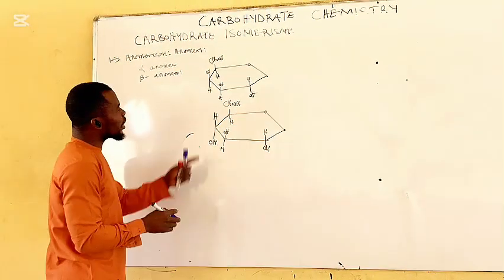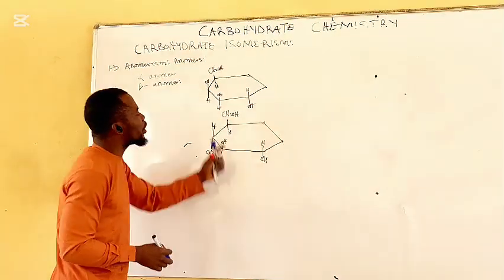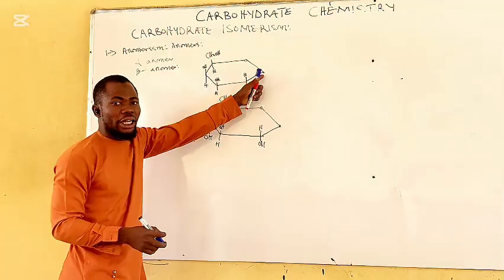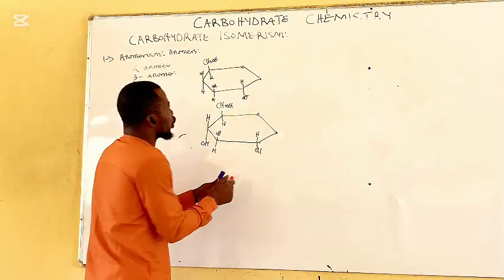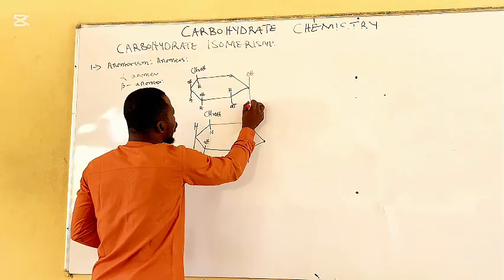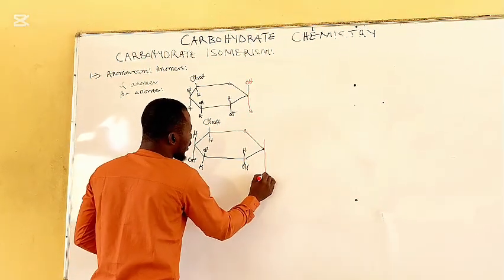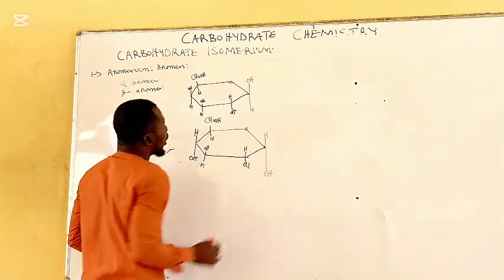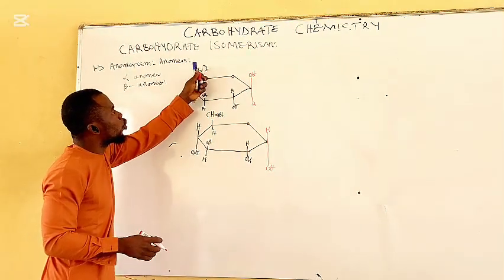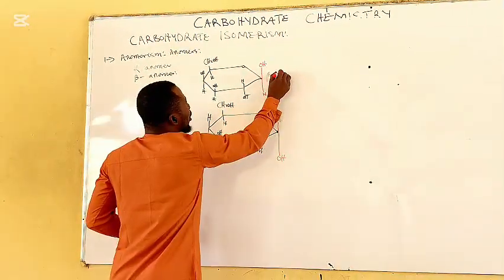Now, the only difference between this one and this one is the orientation of the OH at this newly formed asymmetric carbon atom. If the OH is upward, the H is down, and if the OH is downward, the H is up. Now, if the OH is on the same side as CH2OH, that is beta anomer.